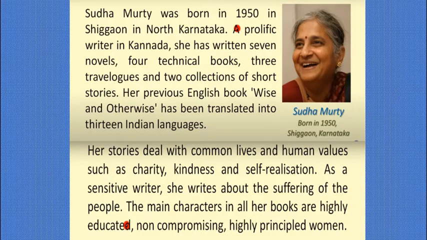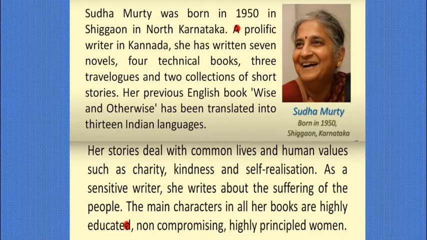Her previous English book, Wise and Otherwise, has been translated into 13 Indian languages, and it's a big achievement for any writer, right? Her stories deal with common lives and human values such as charity, kindness, and self-realization.